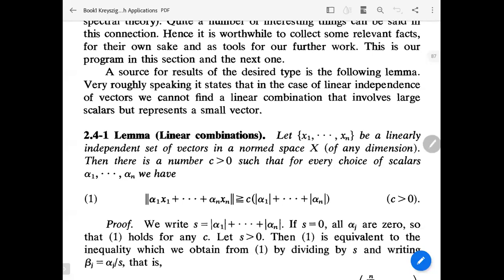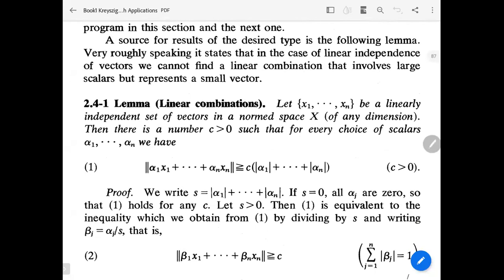Then there is a positive number C such that for every choice of scalars alpha 1, alpha 2 up to alpha n, the norm of the linear combination alpha 1 x1 plus so on plus alpha n xn is greater or equal to C times the sum of the absolute values of alpha 1, alpha 2 up to alpha n.